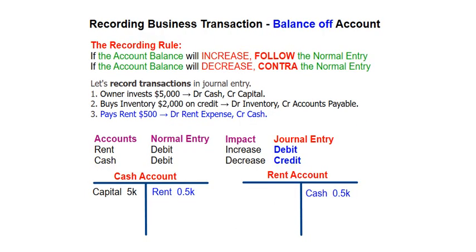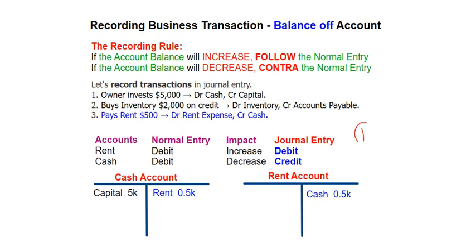After we have done the journal entry and posted to the ledger, the next thing is for you to balance off the account, meaning you close the relevant accounts. Since all the other accounts have only one transaction except for cash, we are going to balance off this account. So what are the steps? First, look at both columns and find the total. The total which is higher will be recorded on both sides.